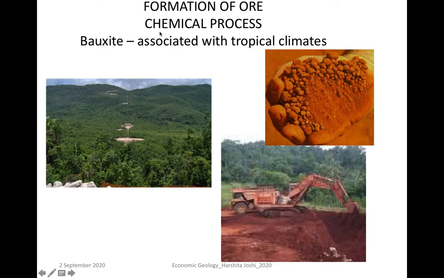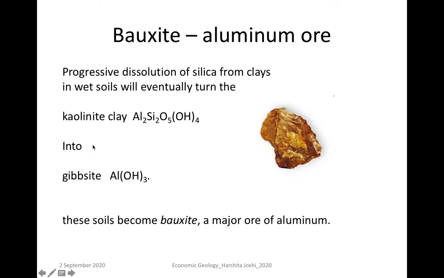Coming to the chemical processes, the climate is also responsible many a times. If you see this region, here is the mine. This is the bauxite ore which is formed due to the weathering of this rock type here. Okay. So bauxite is an ore of aluminium.